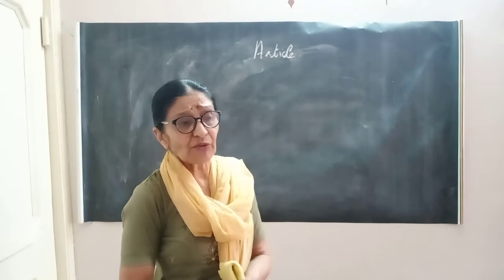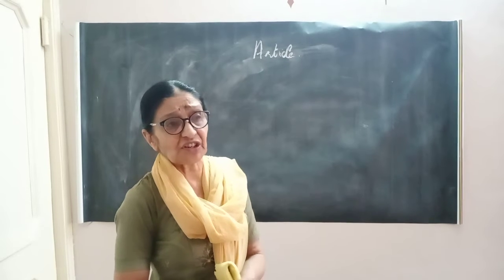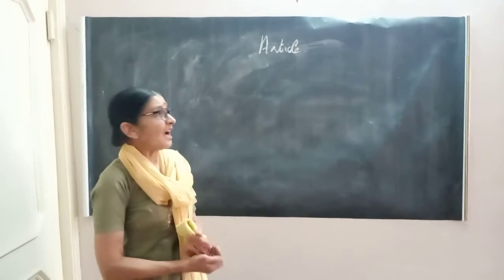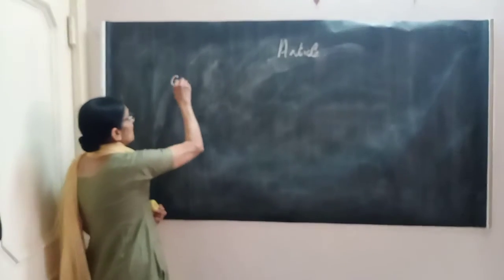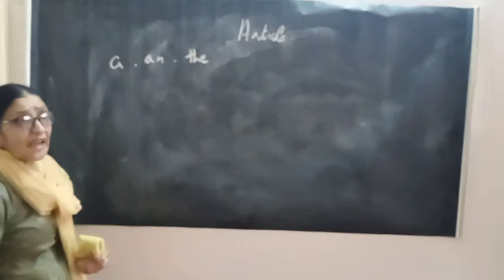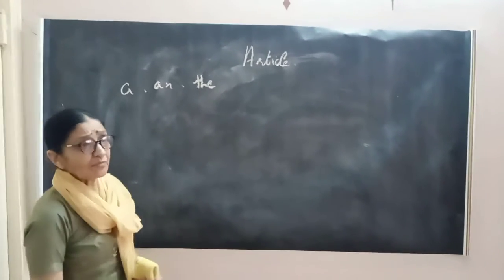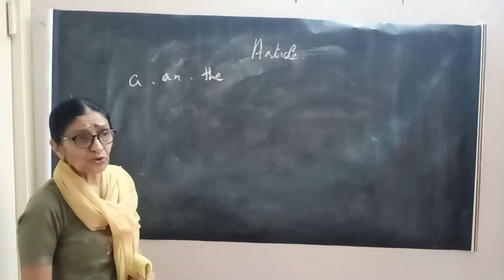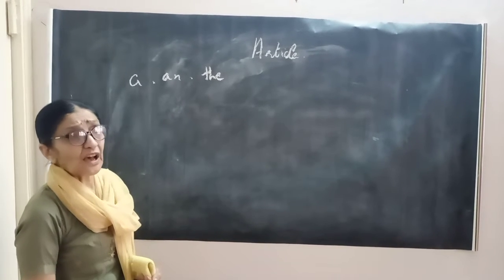So in grammar, we are going to start with the basics of articles. What is the meaning of article? Article means a, an, and the. These three words are known as articles, but today I am just going to take the first word, a: where to use it, how to use it, and what the uses of the article are.